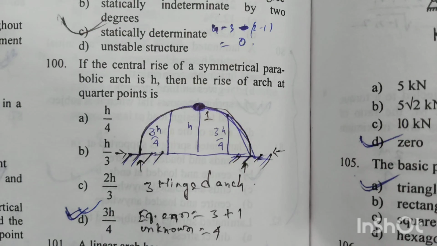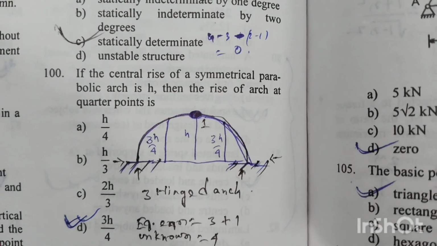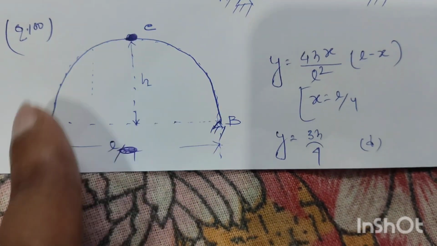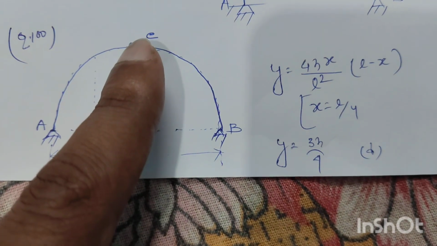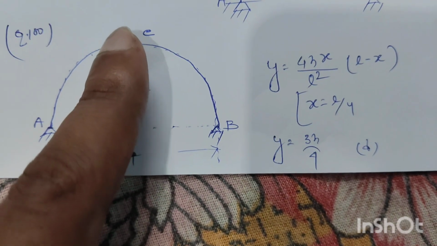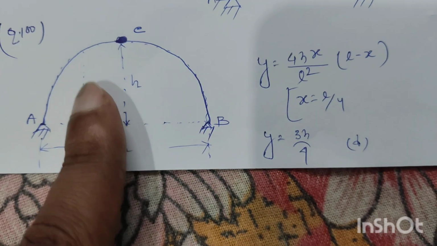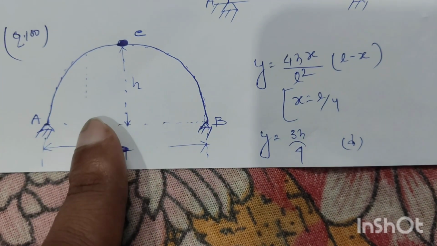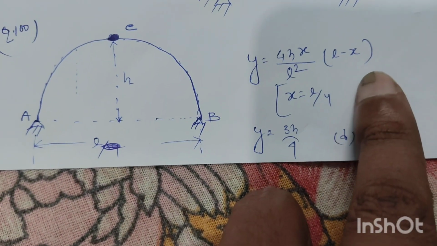Question number 100. If the central rise of a symmetrical parabolic arch is h, then the rise of arch at the quarter point is. So three-hinged parabolic arch A, B, C. One hinge at A, another hinge at B, and third hinge at C at the crown of the arch. Okay, and total length of the arch is small l. As this is a parabolic arch, the height at any section y will be equal to 4hx by l square into l minus x.